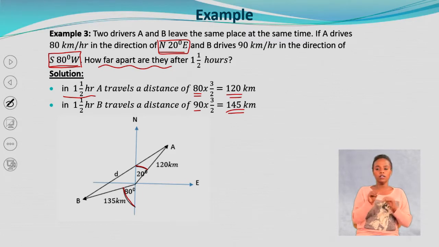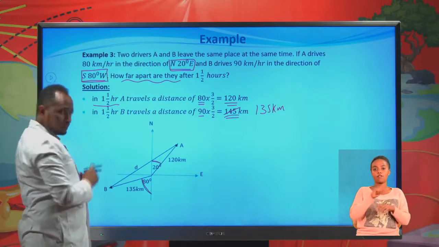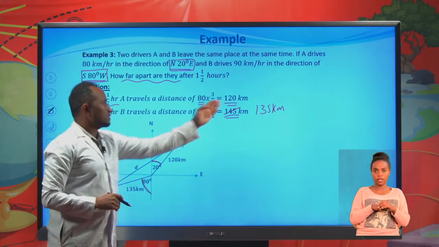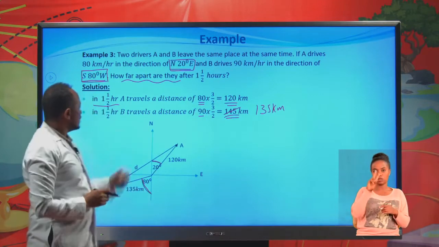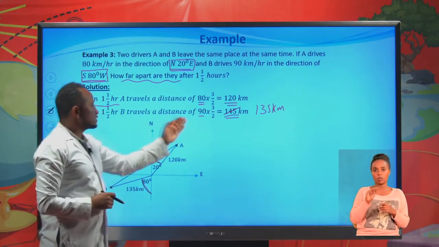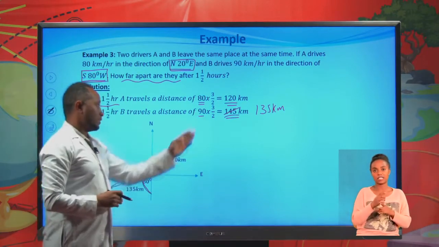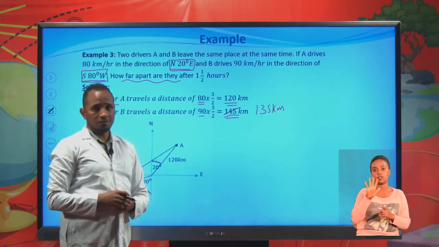And then we are asked to find the distance between A and B. So we have this triangle. In 1.5 hours, A travels 120 km, and in 1.5 hours, B travels a distance of 135 km.